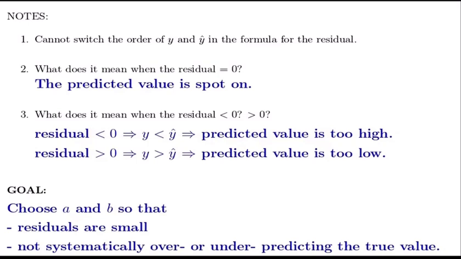We don't want to over predict or under predict a true value. We want to run away from overestimation and underestimation. That's the reason why, when we choose our A and B, the residuals have to be small.